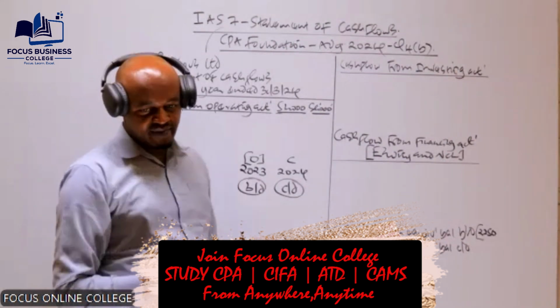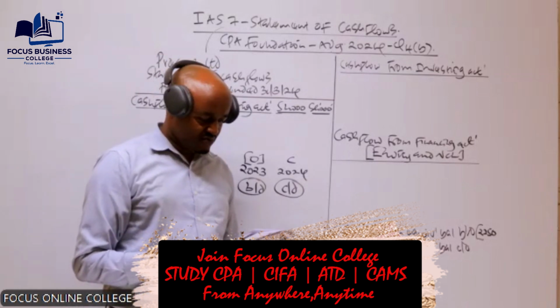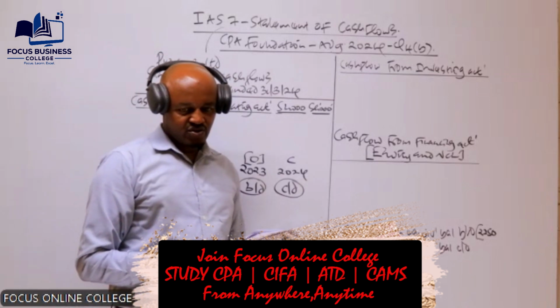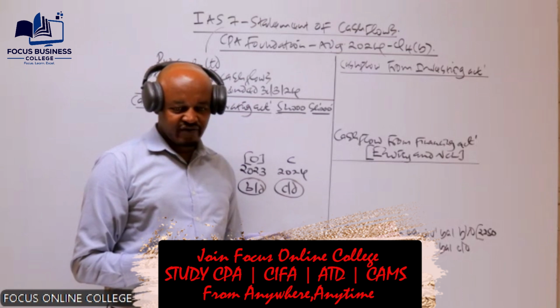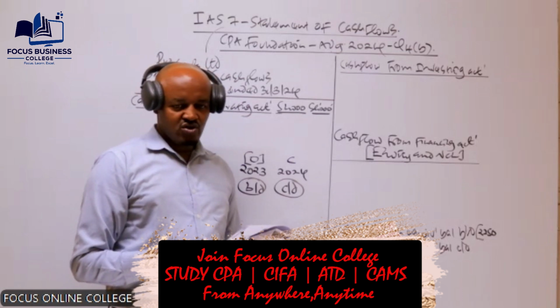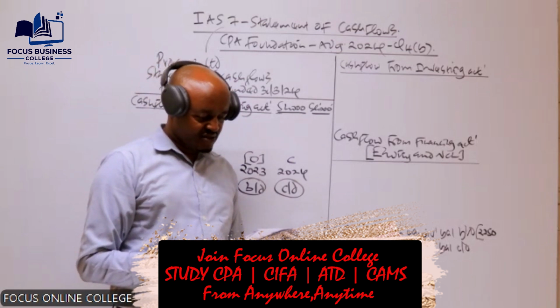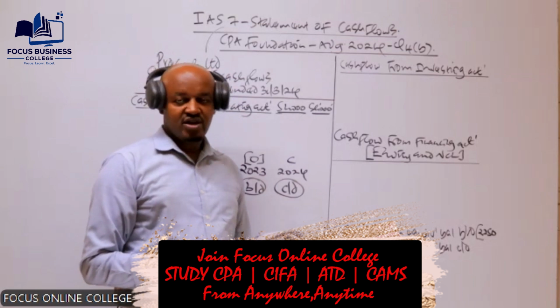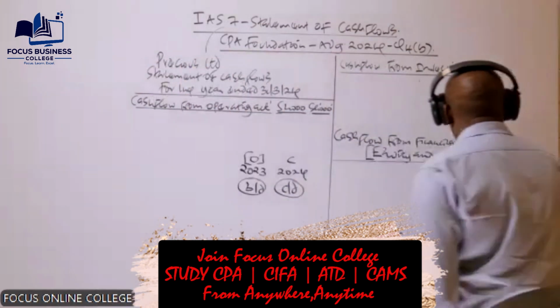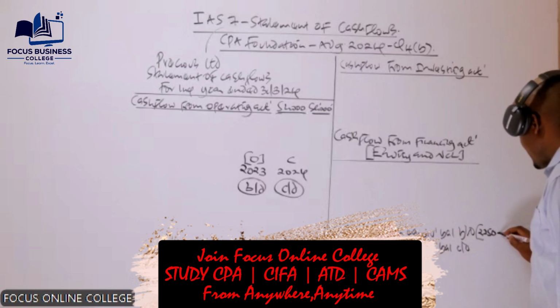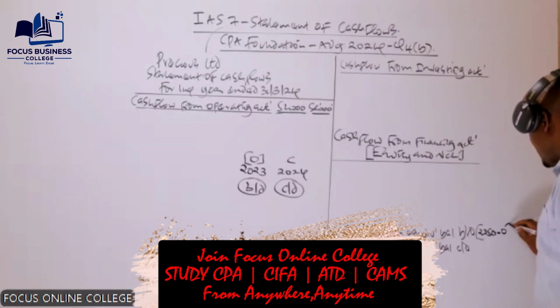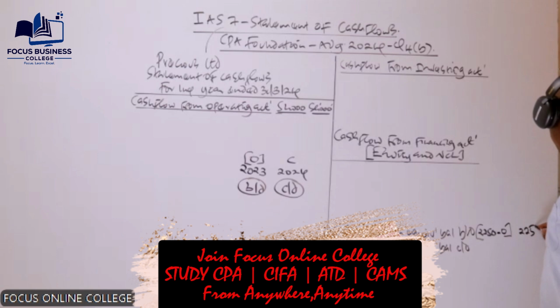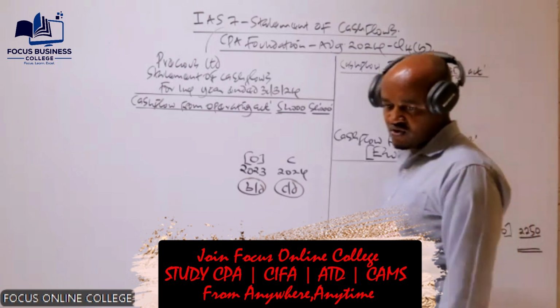Under the current liabilities, do we have a bank overdraft? Yes or no? No. But if we had a bank overdraft, it is basically money which is owed to the bank, and we would raise it there. So therefore, the cash and cash equivalent at the start is 2250.